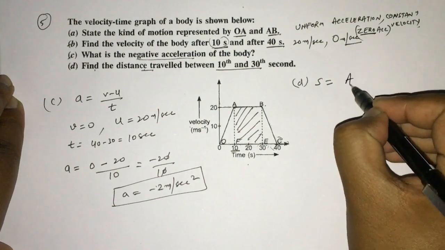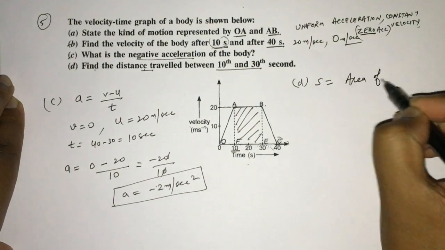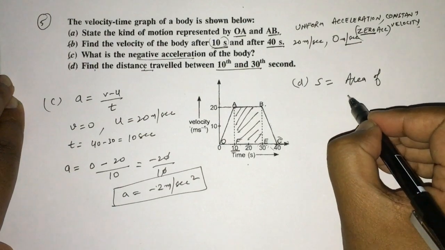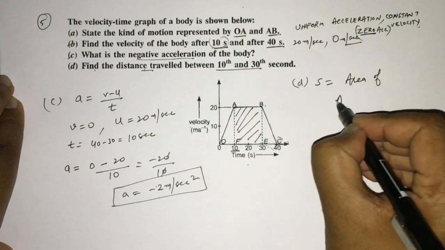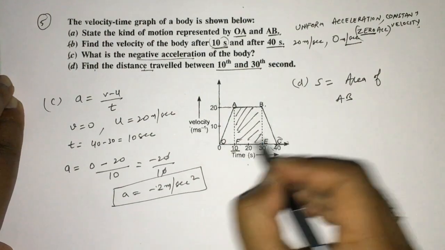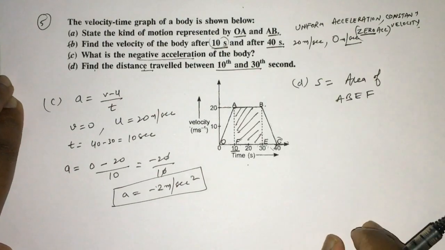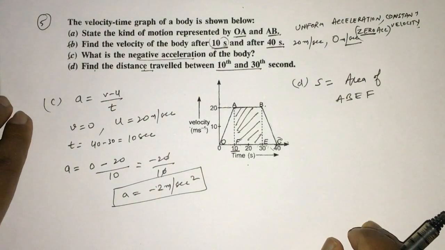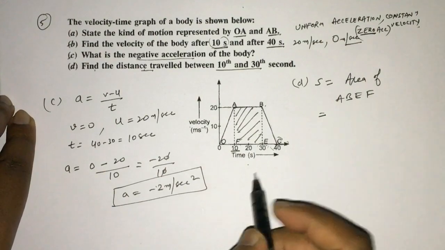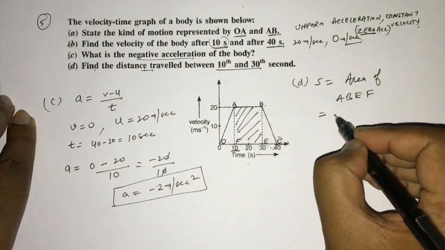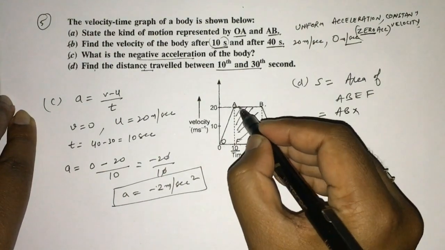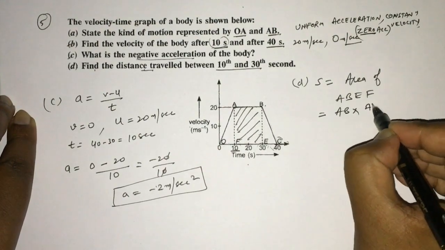So distance is the area of A, B, E and F. Clear? So the area is equal to length into breadth, that is AB into AF.